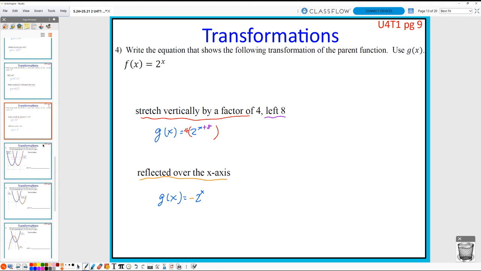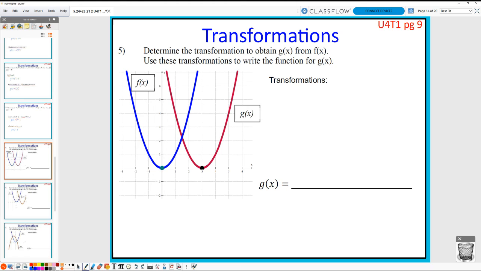Last but not least, let's take a look at some graphs. When you have graphs here, generally speaking, I don't think we'll see graphs with dilation. So really, all you've got to do is track the movement of specific points. In this case, we're tracking the vertex of my parabola. So I can see that from my F to my G, I went over 1, 2, 3 to the right.